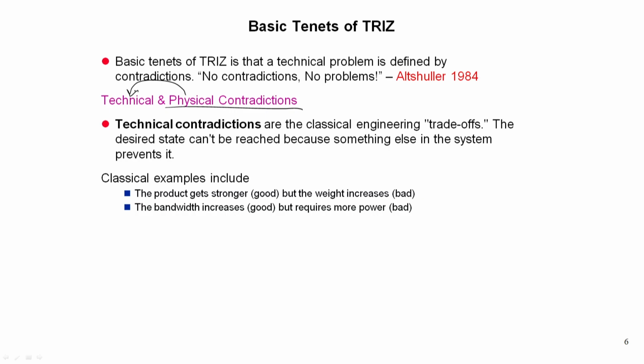What is a technical contradiction? Well, in the language of engineering, it is called trade-offs, like the desired state can't be reached because something else in the system prevents it. For example, a product gets stronger, but the weight increases. The bandwidth of a system increases, but it requires more power. These are in terms of technical specifications. So, these are technical contradictions.